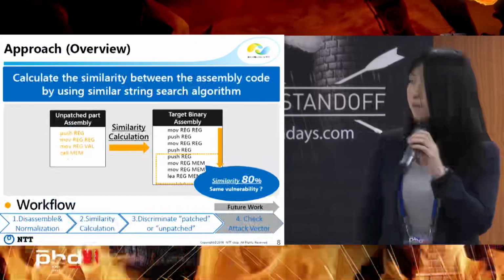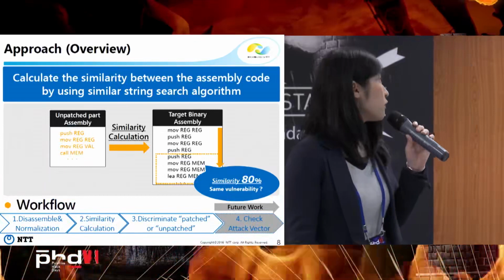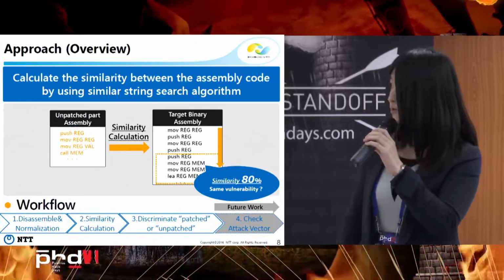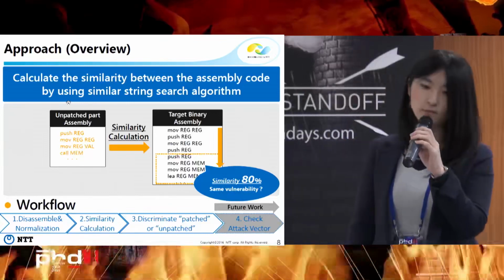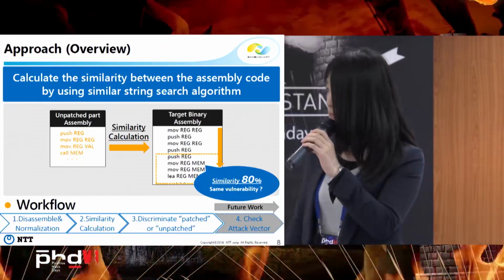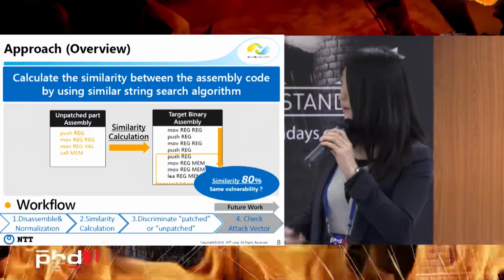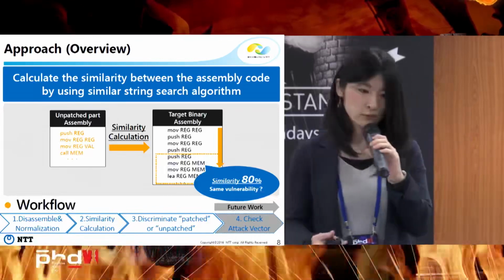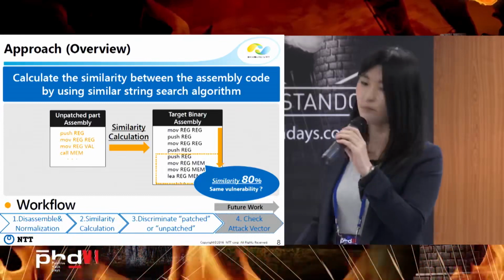Okay. Next, I will talk about the approach of my research. The approach is simple. I just calculate the similarity between assembly code by using a similar string search algorithm. First, I collect the unpatched part of the vulnerability and calculate the similarity with the target binary assembly.